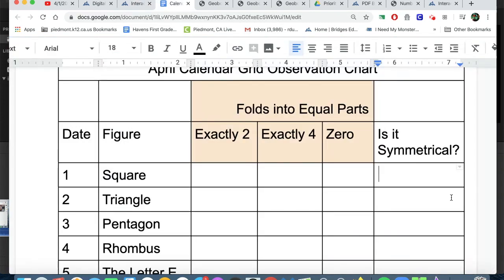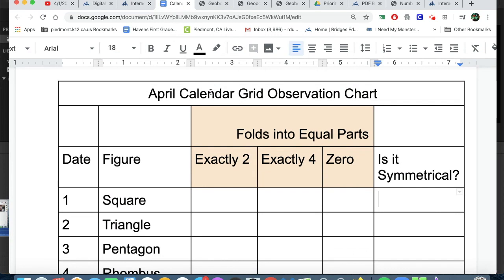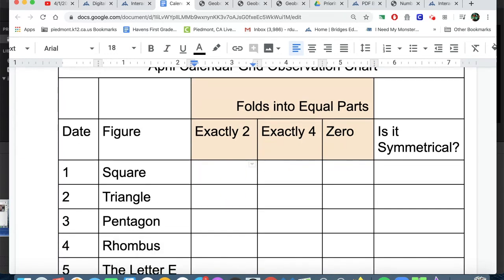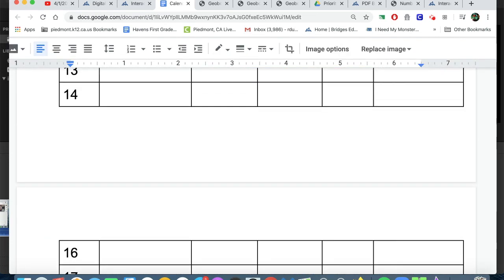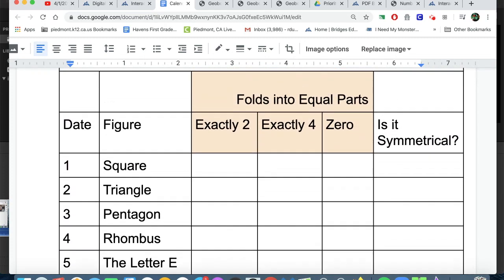So you could say that for the April calendar observation chart, the first shape was square. You could definitely fold it into 2 parts, but you could actually fold it into 4 parts. Yes, you can do that.